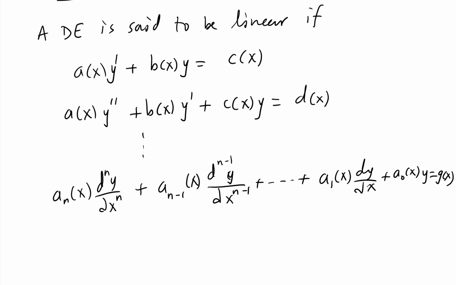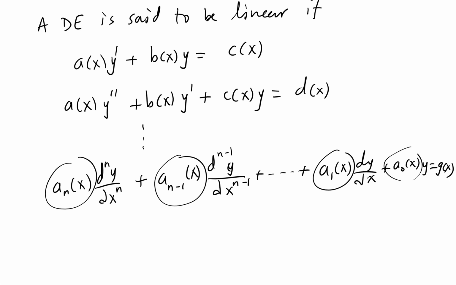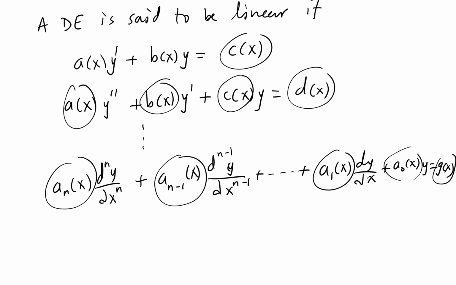So two things here to classify it as linear: all the coefficients depend only on the independent variable x. See, all of them depend on the variable x. So that's one thing.